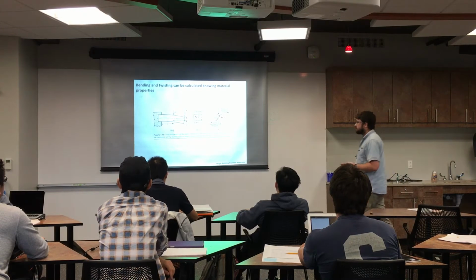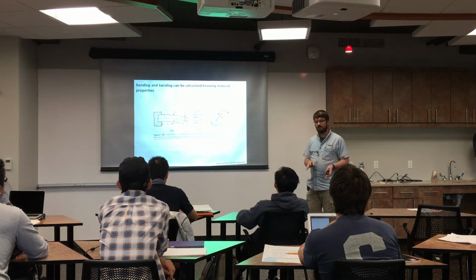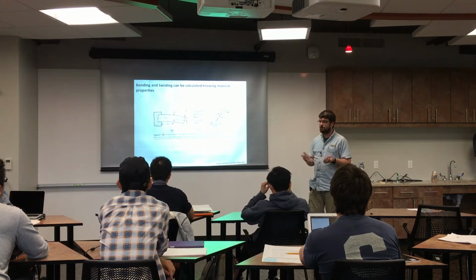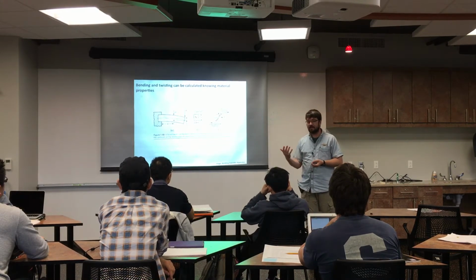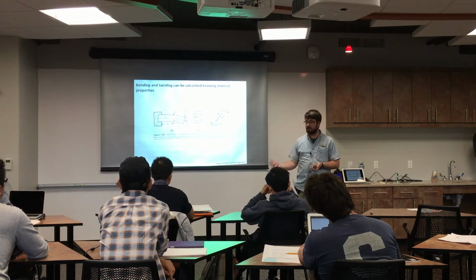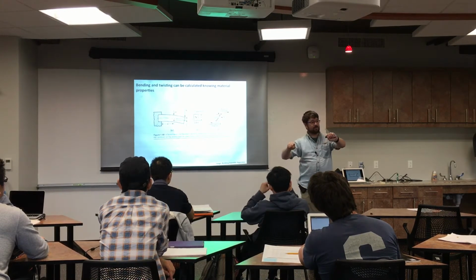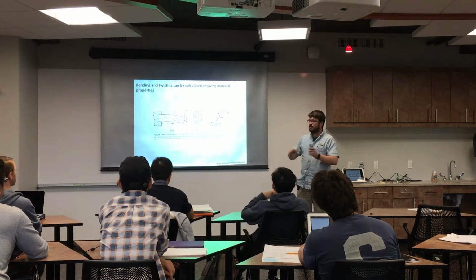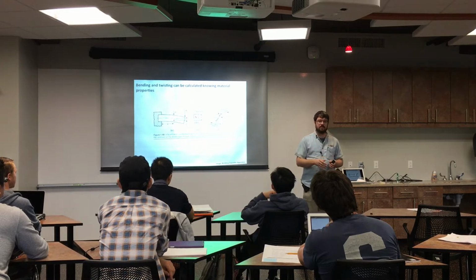So bending and twisting are, I'm going to say, relatively simple to calculate. For complex geometries, you have to use modeling tools. For example, you can integrate a finite element modeling tool with Onshape. And if you design this complicated part, you can simulate, okay, I'm going to load this up with so many newtons. And it will tell you exactly what the bend would be, where the stress concentrations would be.